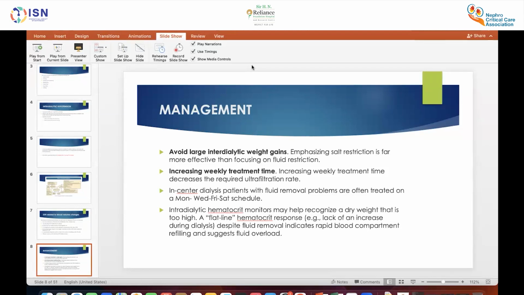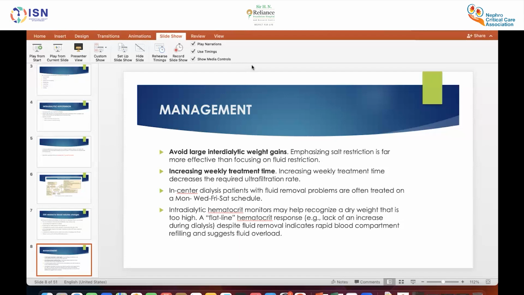The venous refilling is basically the water coming from the intracellular or interstitial compartment into the intravascular compartment. If your refilling rate is proportional to your ultrafiltration rate, then there will be no drop in the blood pressure. But if your venous refilling rate is low and proportionately your ultrafiltration rate is high, then there is a chance that the blood pressure will go down.